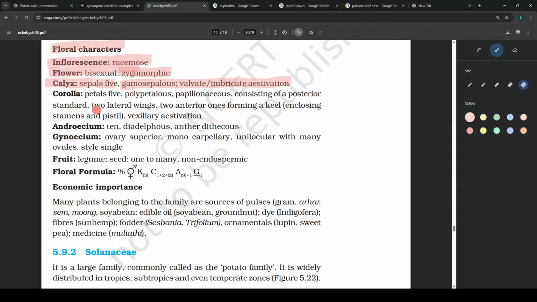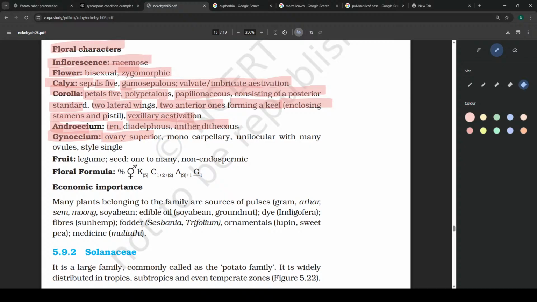The corolla, petals 5, pentamerous, polypetalous, free petals. Papilionaceous, consisting of a posterior standard, two lateral wings, two anterior ones forming a keel, enclosing stamens and pistil. Vexillary aestivation. Androecium, 10 stamens, diadelphous, anther dithecous.